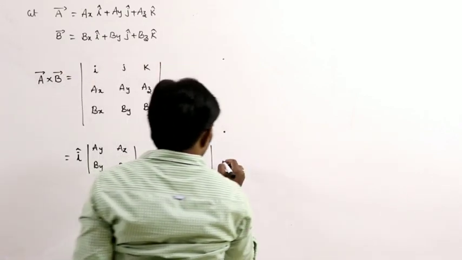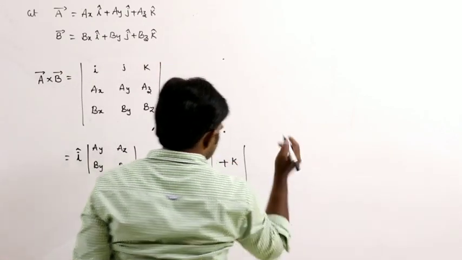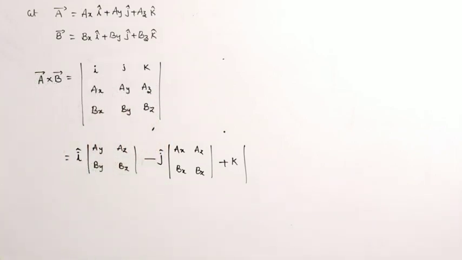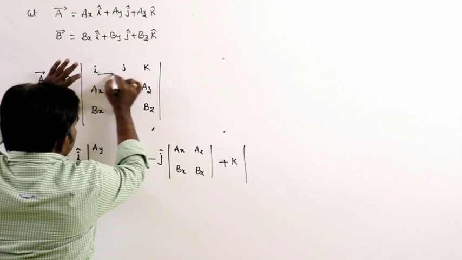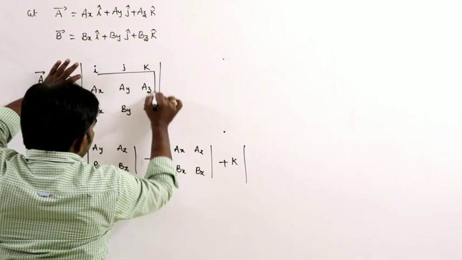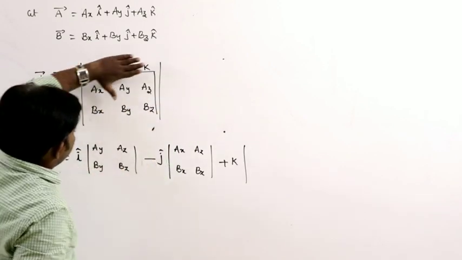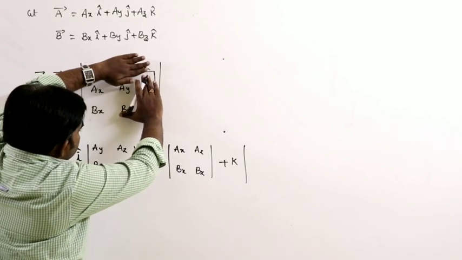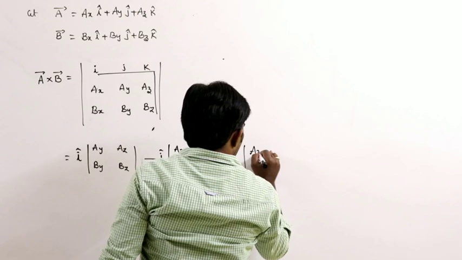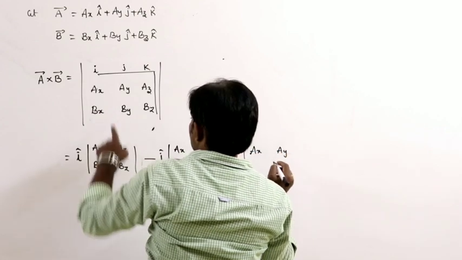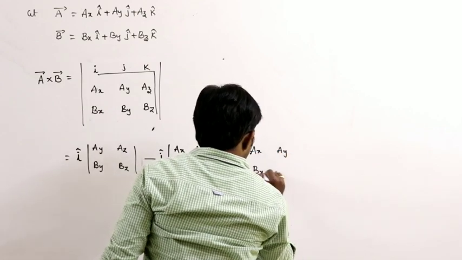Next, the third term is positive again, plus k into. The third term is positive. Forget about this row and this column. What are the remaining values? Ax, Ay, Bx, By.